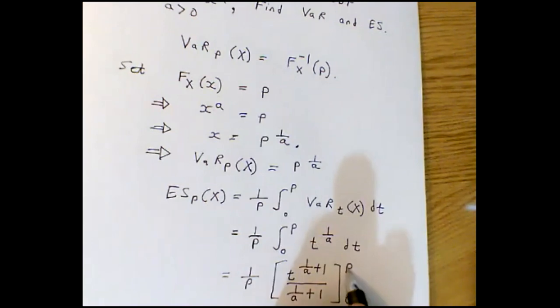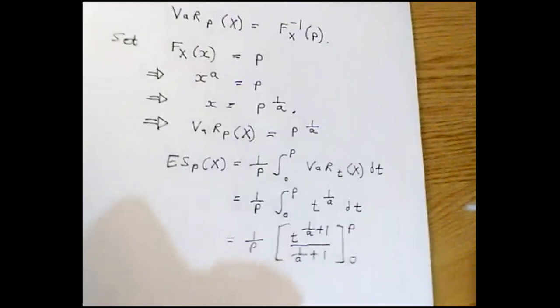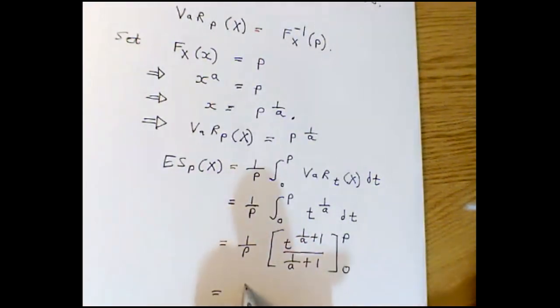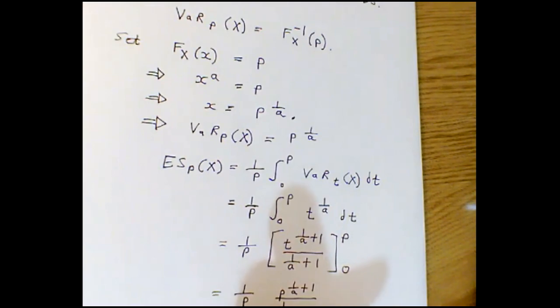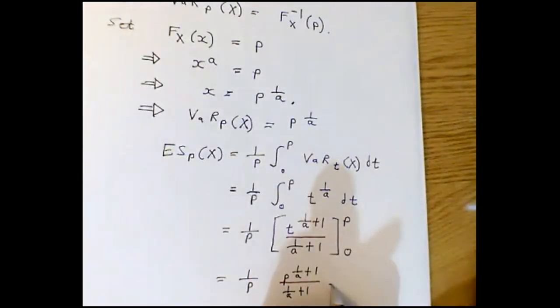Taking the limits, at p it will be p to the power 1 over a plus 1, divided by 1 over a plus 1, and at 0 it will be 0.